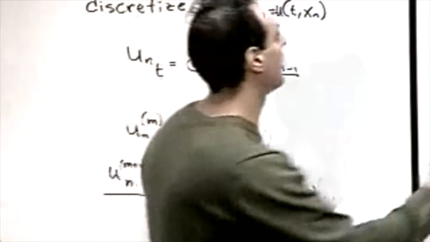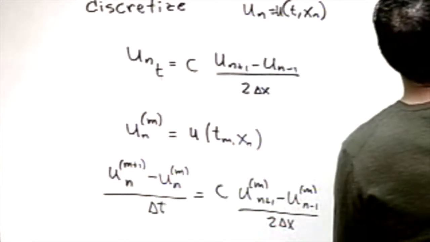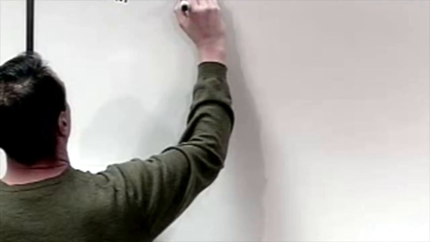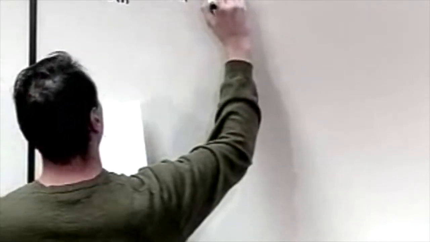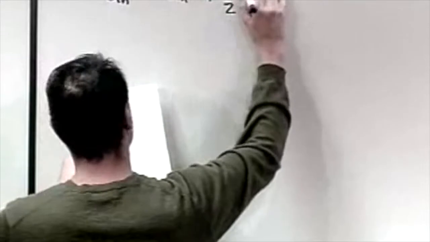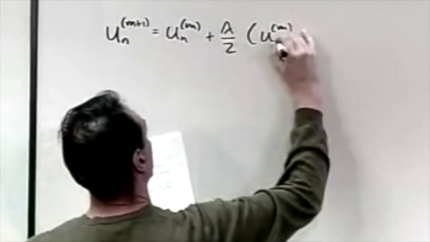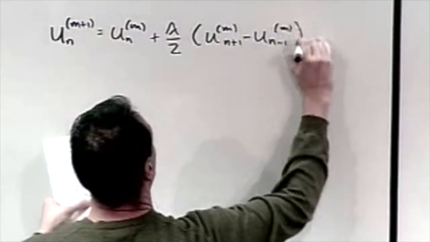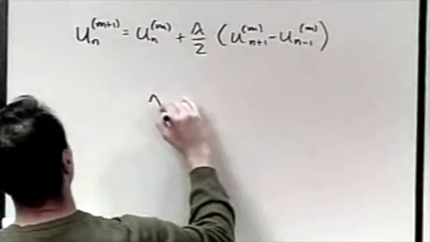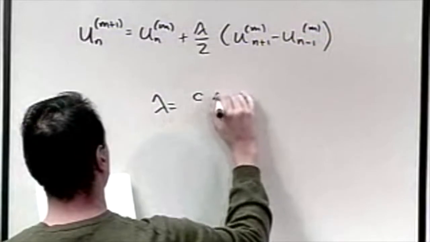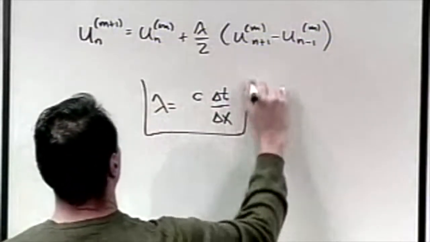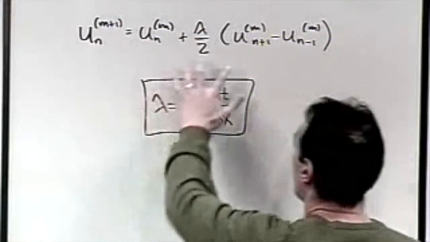In particular, you get the following. u(n, m+1) is equal to u(n, m) plus lambda over 2 times [u(n, m+1) minus u(n-1, m)], where lambda is equal to... So here's our algorithm.